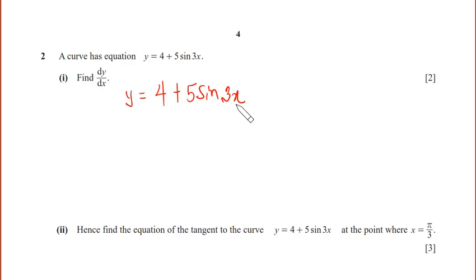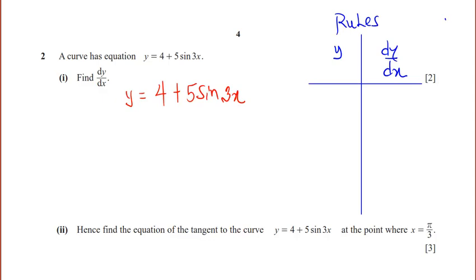Now let's recall the basic rules of differentiation. This can serve as a guide to solve this problem. If we have sine x, the derivative of sine x gives cos x. If you have cos x, the derivative of cos x gives minus sine x.